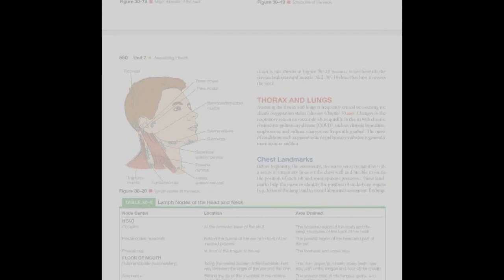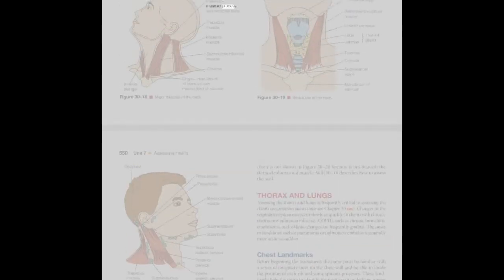Figure 30-18, major muscles of the neck. Insertion, mastoid process and occipital bone. Trapezius muscle. Posterior triangle. Sternocleidomastoid muscle. Clavicle. Origin, manubrium of sternum and medial third of clavicle. Anterior triangle.